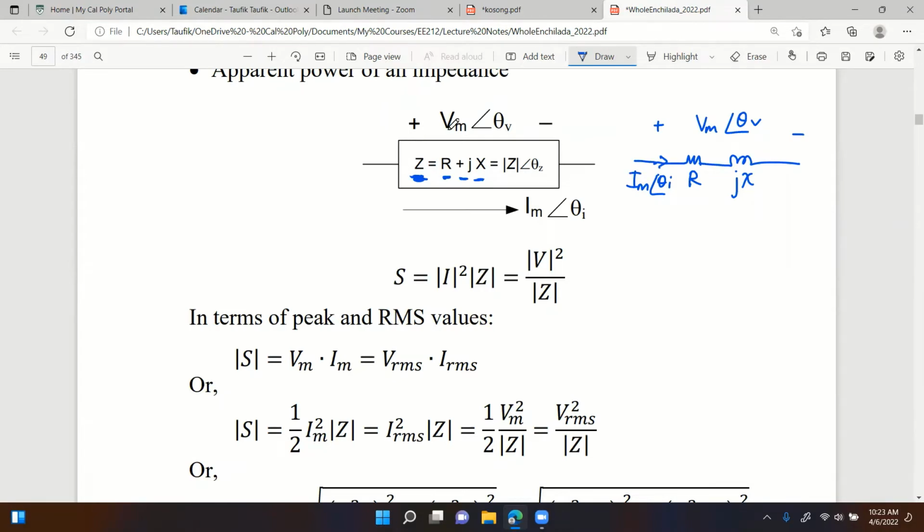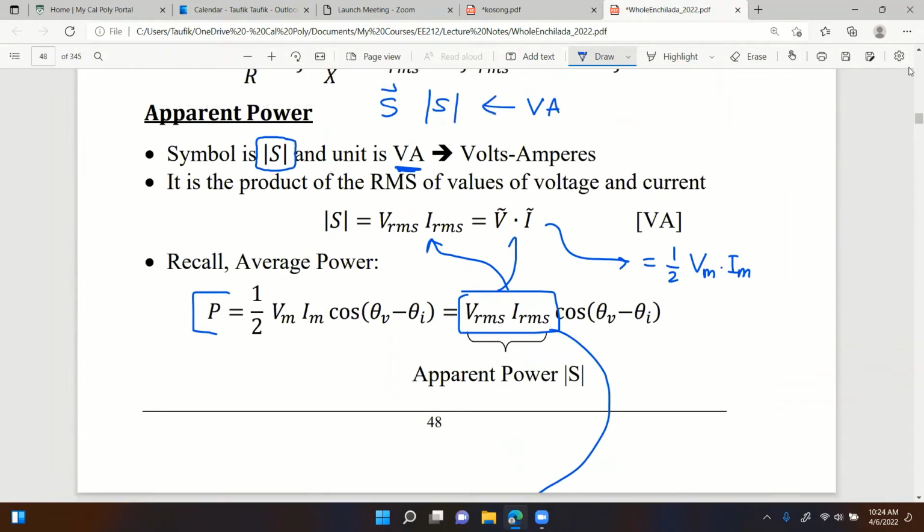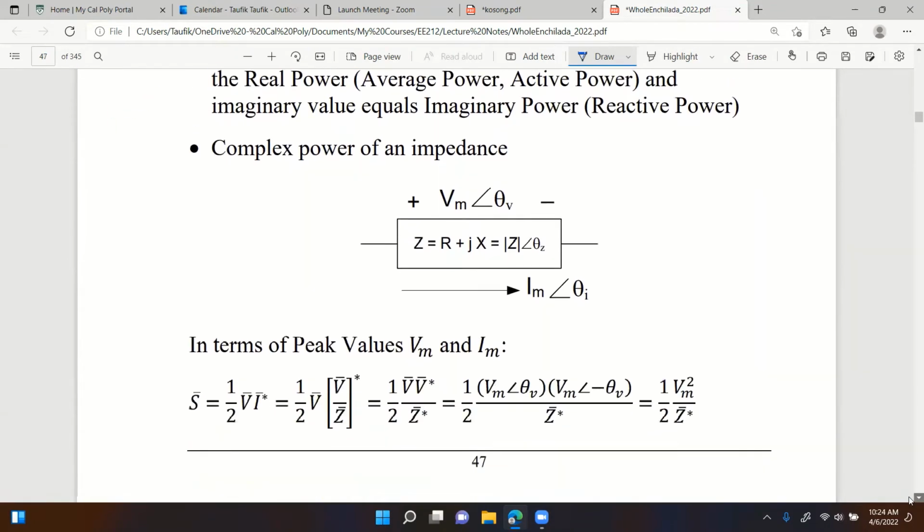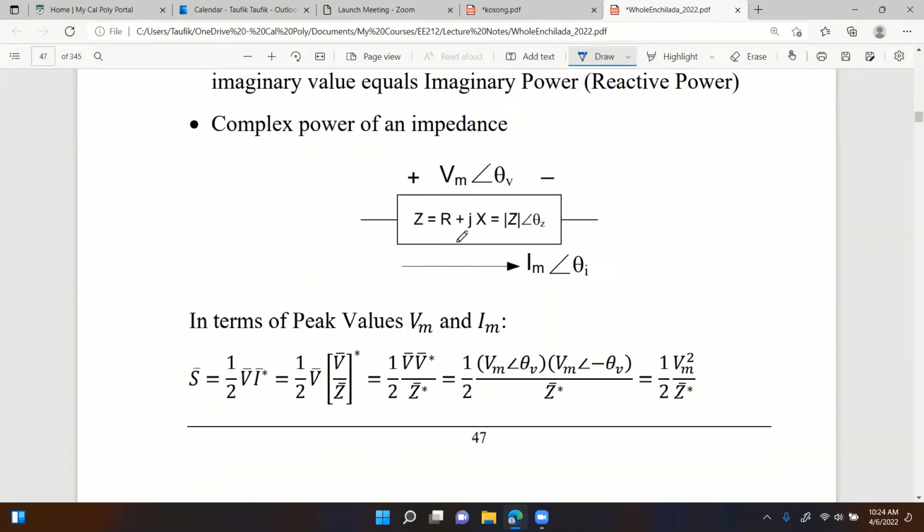Now the question is, how do you calculate apparent power? On Monday, we had the same example except for complex power. Let me scroll up to show you. See, this is the same example, except we used it to derive equations for complex power.